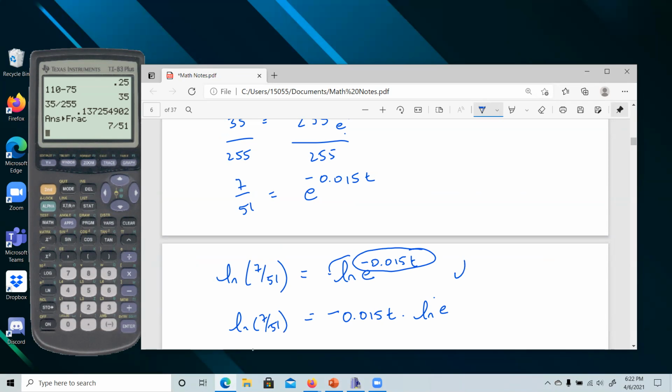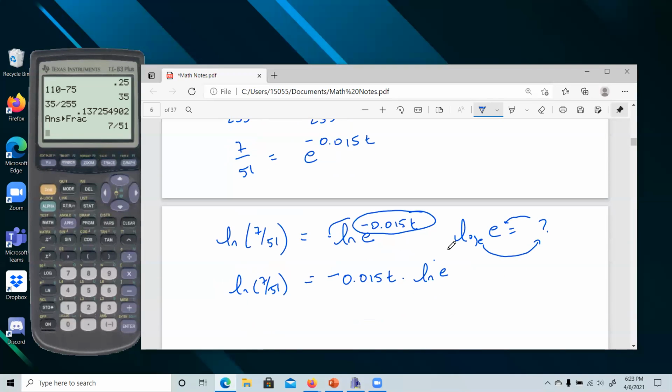Now the natural log of e, that's log base e of e equals what? Well, e raised to something is going to give us back e. So that's kind of a silly way to say 1. So e to the 1 is e.